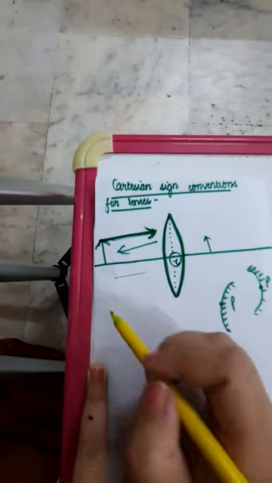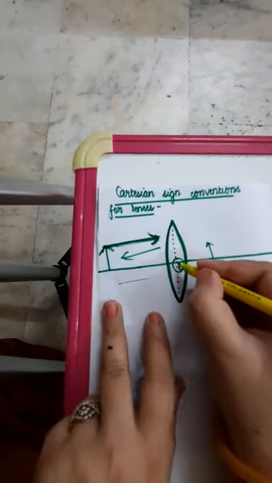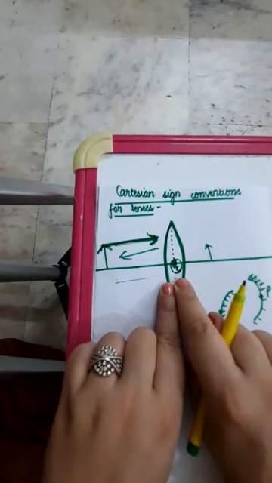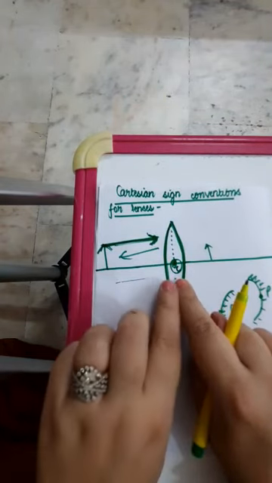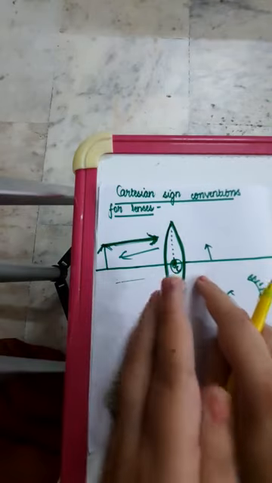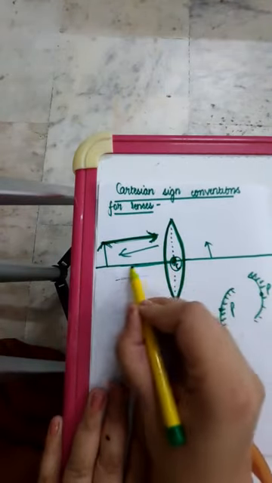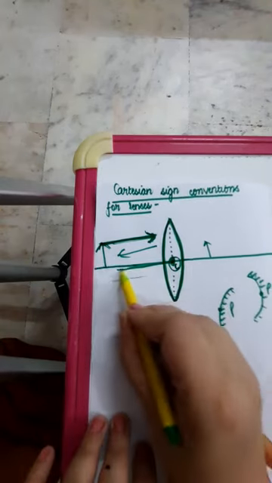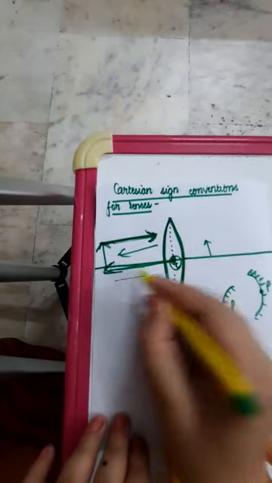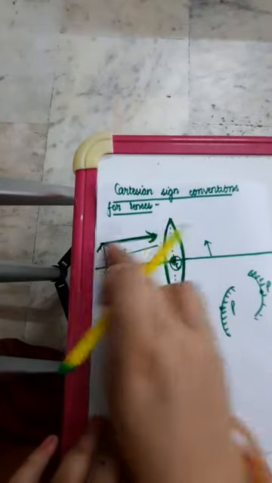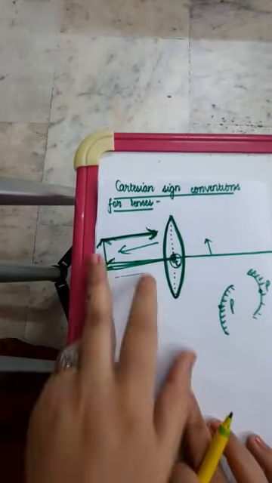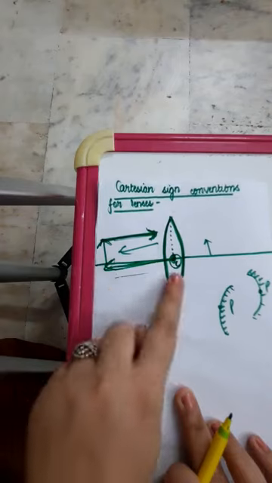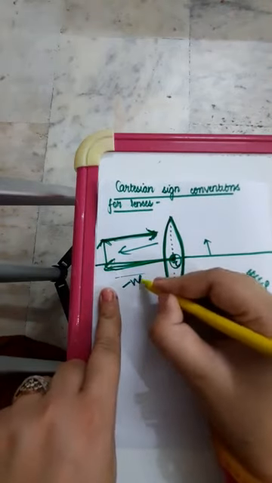To measure object distance, first you will measure from the optical center, because optical center is the origin. So you would have to start your journey from optical center and move in this direction, which is exactly opposite to the direction of the incident ray. So this means object distance is taken as negative.